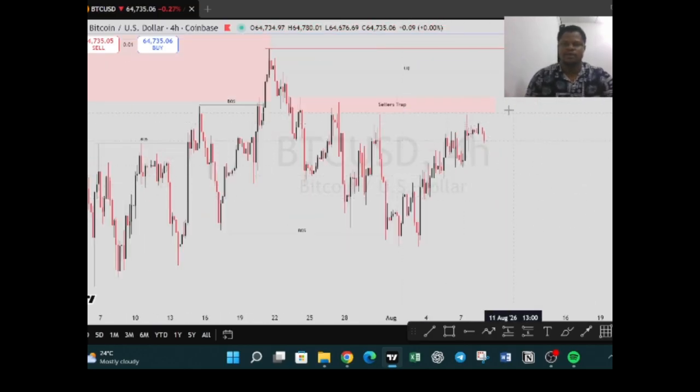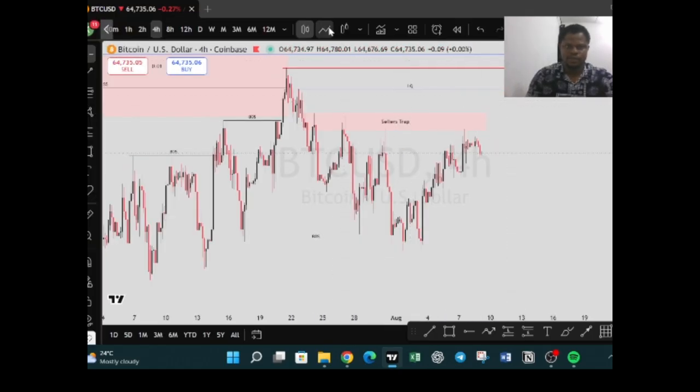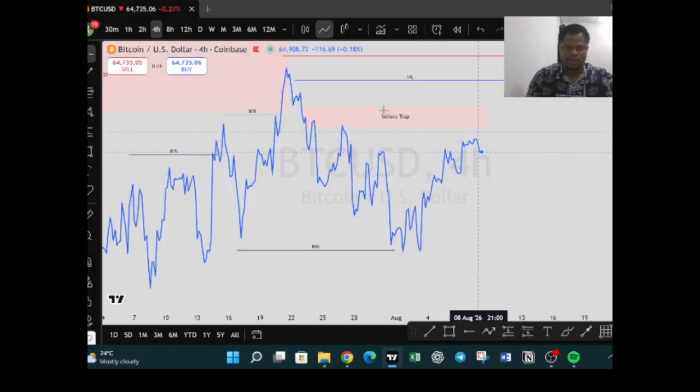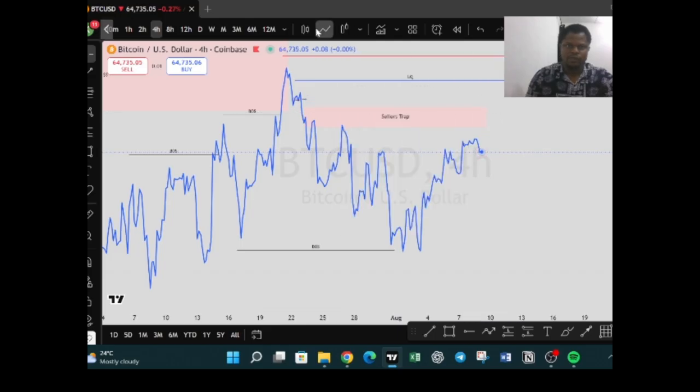Okay, so here we know that sellers are trapped here and we have liquidity above this high. Now let's look at this high again. I can see that this is a liquidity block here. Let me go back to the line chart.